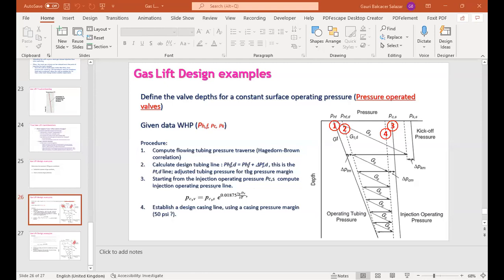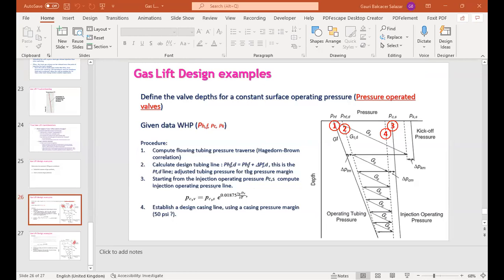So with this equation, we calculate those. Basically, this is based on this information. We are using this equation, and so for different rates, we get the flowing borehole pressures.